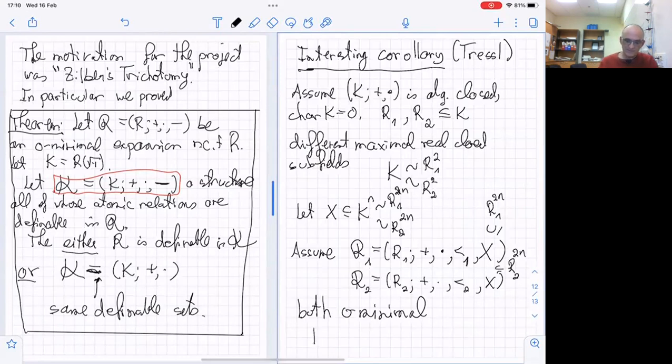Then X is K constructible, K definable. So the only way that a subset of K^n can be O-minimal with respect to two different real closed maximal subfields is if X is already constructible in the sense of K.